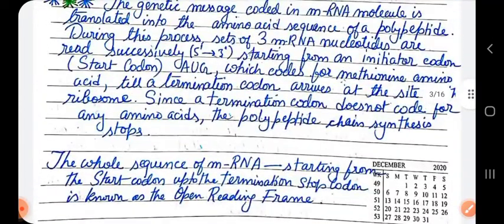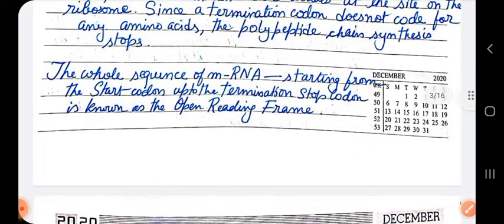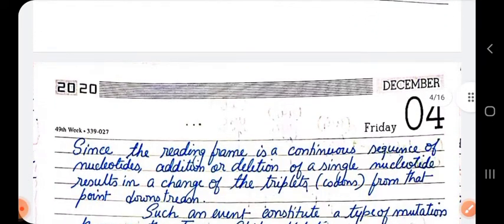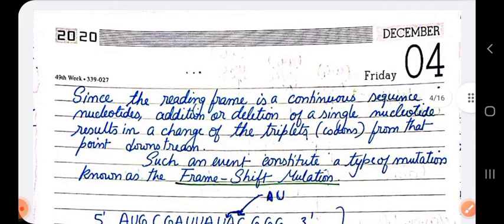One thing I want to say about this reading frame is that if somehow a nucleotide is incorporated within this coding region, it will code for a different amino acid, or it will shift the open reading frame.